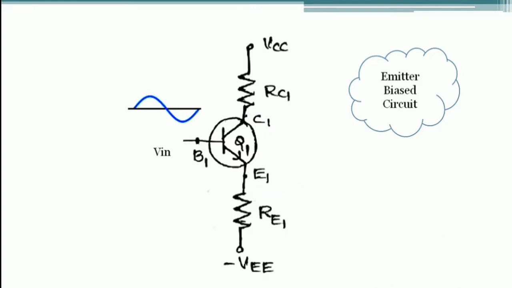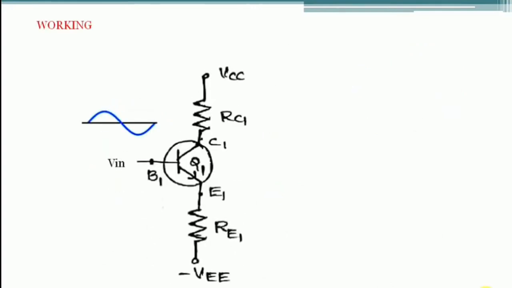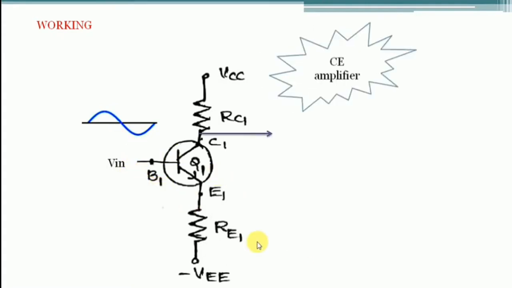Now we are going to see what happens when the signal is applied at the base terminal and how the signal is observed at the collector terminal.